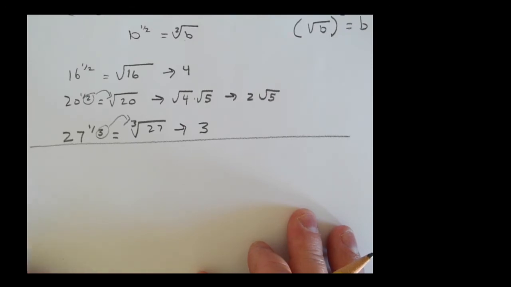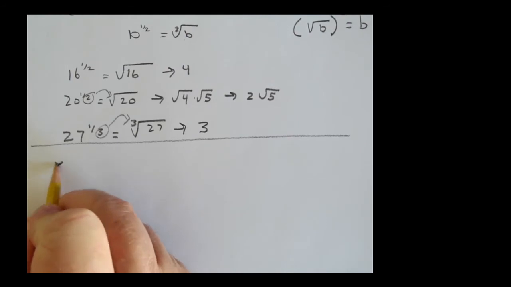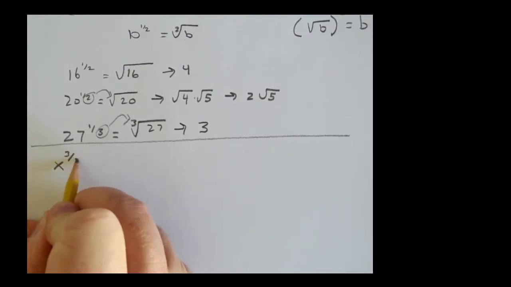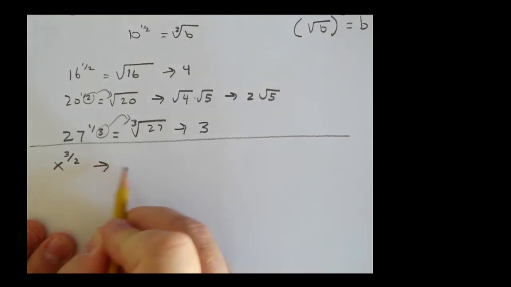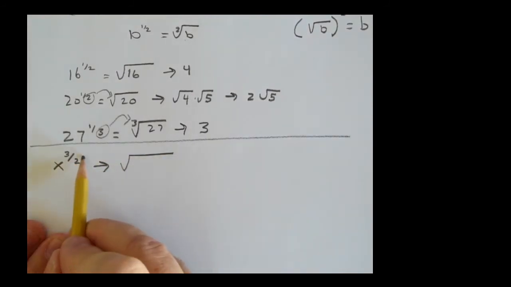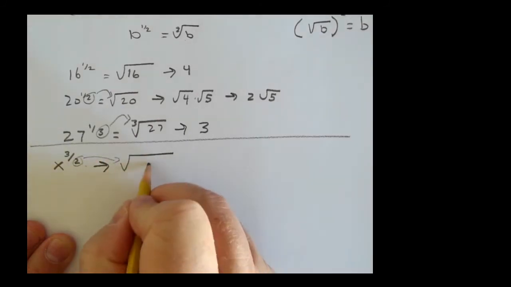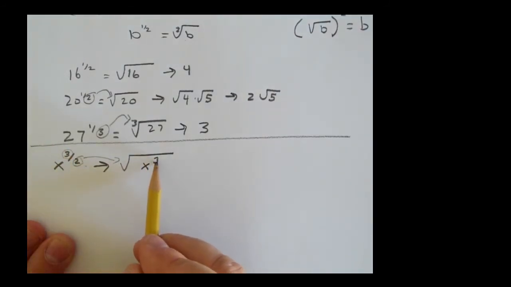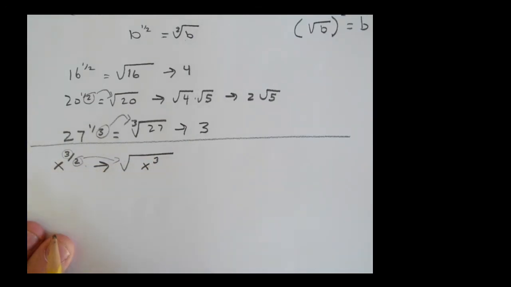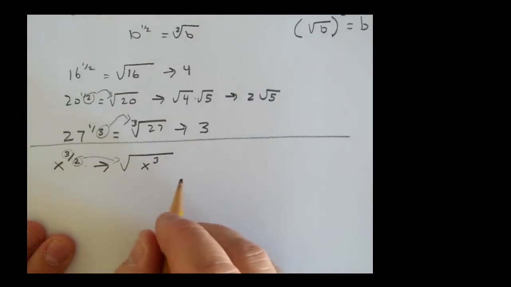So what then happens if we do this? X to the 3/2. This, we've learned up here, goes here, so it's going to be the square root. And then this number is going to be how many times we multiply it together here. So that is our simplification right there.